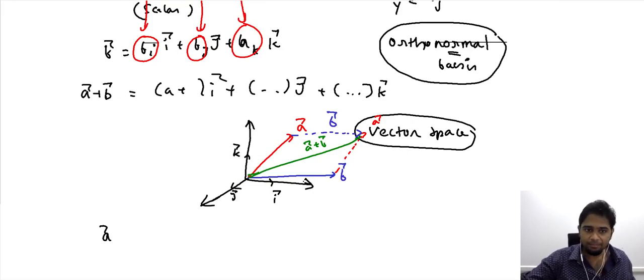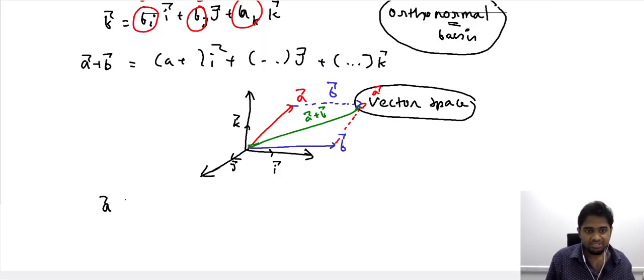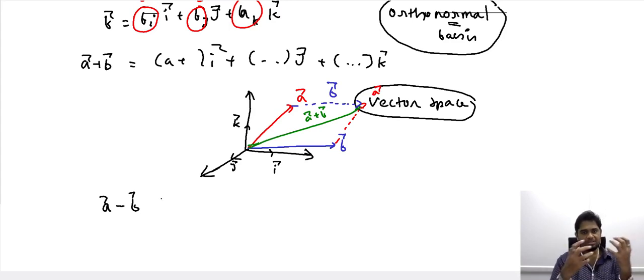Now when you adapt the same understanding to the difference between 2 vectors, we have the representation of each of these vectors. We have definite scalar components associated with each of the individual orthonormal bases, and in case of the sum, we added up these components along a given orthonormal basis. Here we are just removing a part of the magnitude in a given direction.